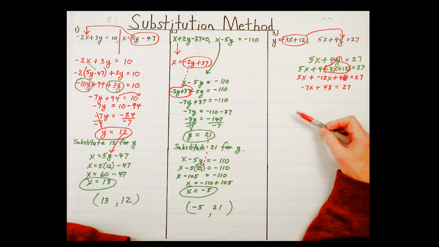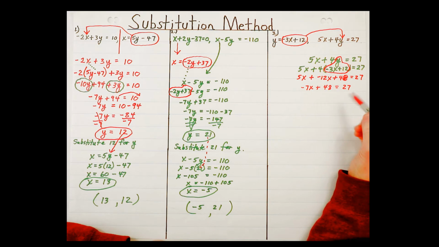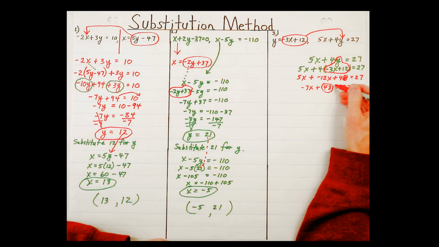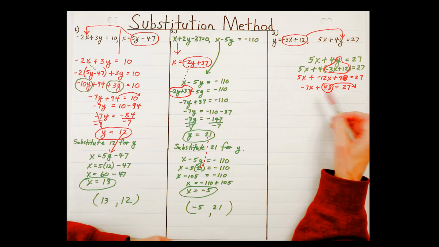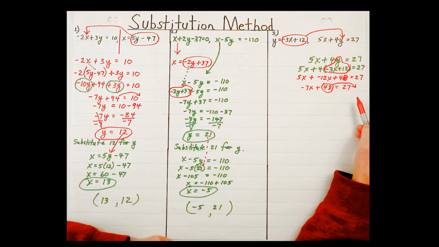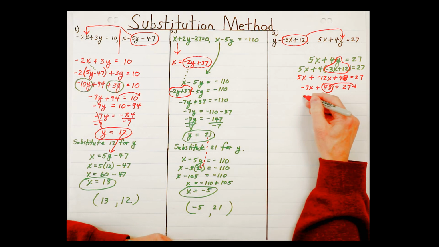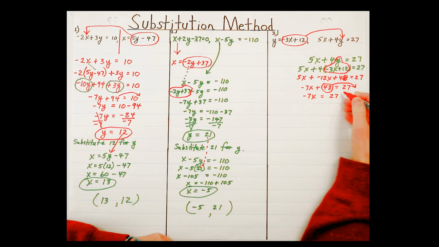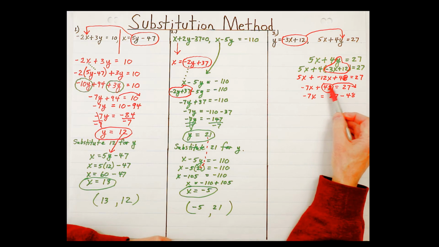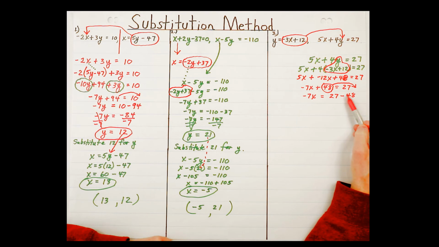So what do you think our next step is here? We have to take the 48 to the other side because ultimately we want to get x by itself. So we'll have x equals a number. So negative 7x is equal to 27 minus or subtract 48. Opposite operation, plus 48 minus 48. 27 minus 48.